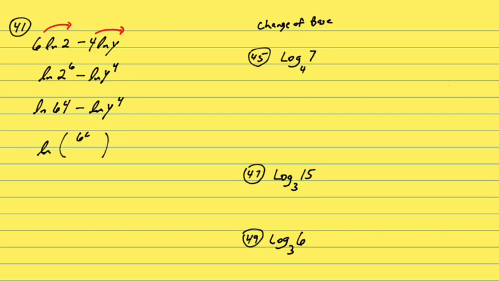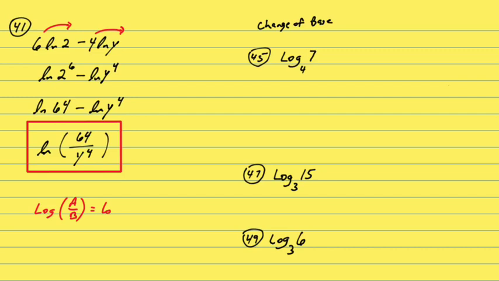Division. So it's natural log of 64 divided by y to the 4th. What property was used was log of A over B equaled log A minus log B. I don't know if you see it. I'm just working backwards. I'm given the part with the minus, and I need to write it this way.